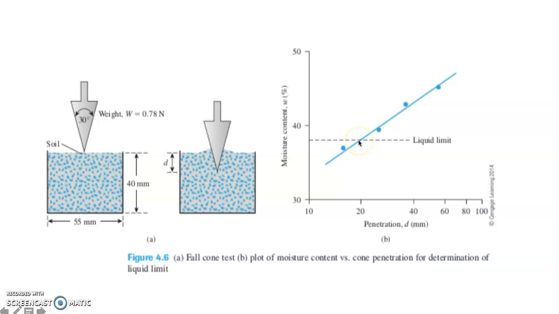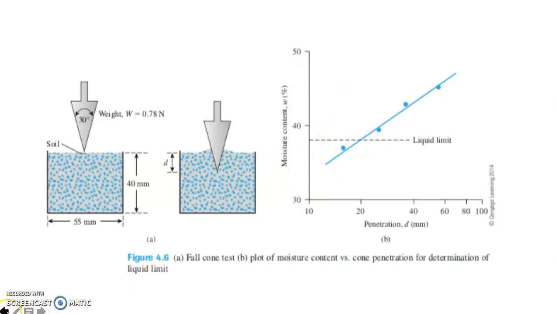Once it touches the flow curve, you draw a line towards the vertical axis, and you try to read the corresponding moisture content. For example, this is 48, for example. So the moisture content is 48. So this is now the corresponding liquid limit for that particular sample. So you have obtained now the liquid limit for that sample.